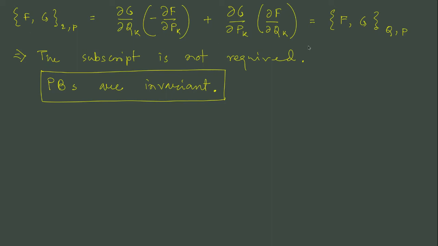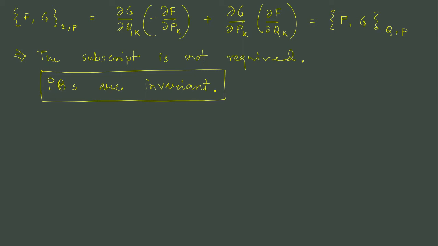So you see, we just proved the theorem that the Poisson bracket with respect to small q, small p root coordinates, or any one set of coordinates, is identical with respect to another coordinate. So we are switching from one phase space to another phase space, and small qp and capital QP are interchangeable.